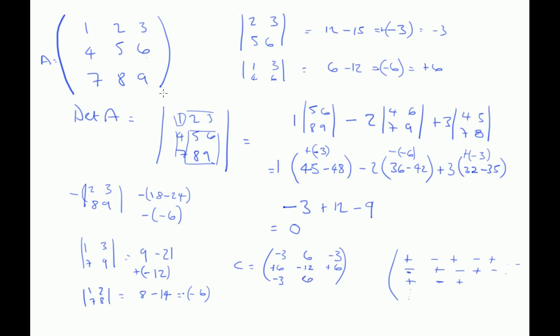And then finally, this last one here is the determinant of 1, 2, 4, 5. So 1 5 is 5, 2 4s are 8, 5 minus 8 gives us minus 3, and we are in this location, which is positive, so plus minus 3 is minus 3, so we have a minus 3 here.